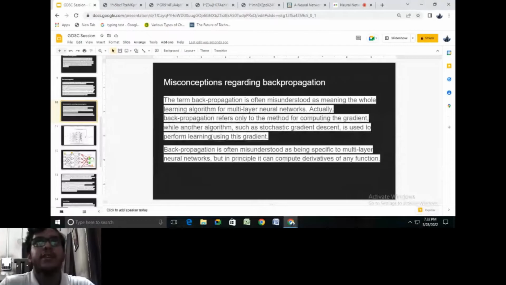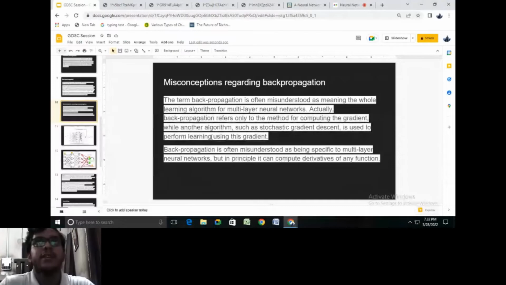The first one is backpropagation, which is used to compute the gradient, and the second one is the stochastic gradient descent algorithm, which uses the gradient calculated by the backpropagation algorithm to update the set of weights. So backpropagation and stochastic gradient descent together help the model to learn.